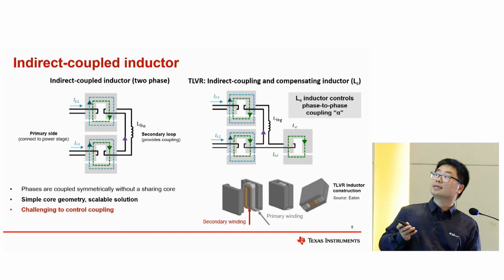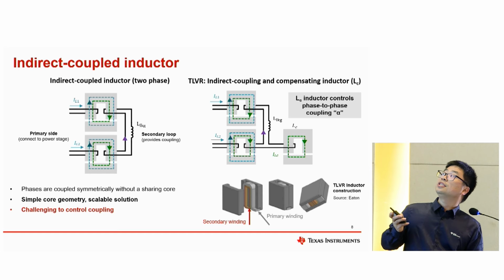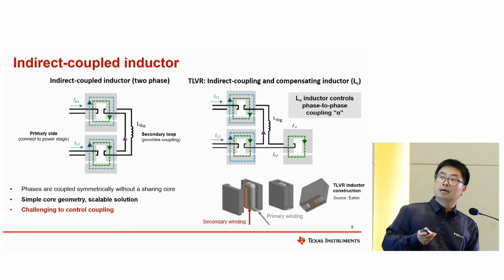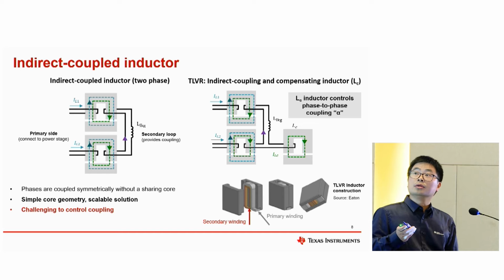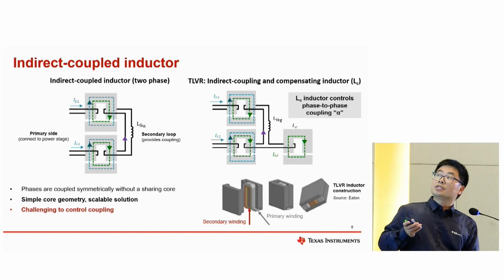We can see that there is a compensation inductor here. Why do we need this one? If the coupling coefficient is very high, there will be a very small leakage here, and also for the other phase there will be very small leakage here.